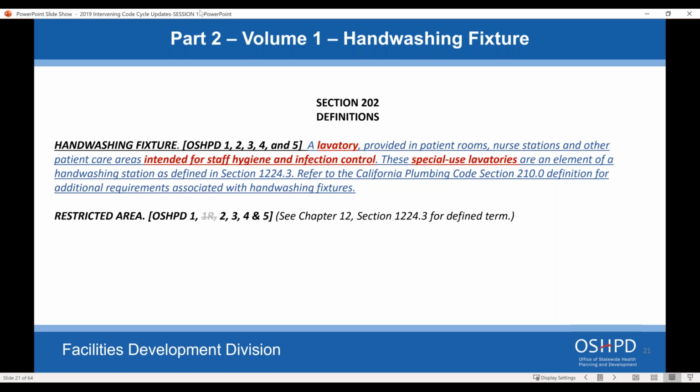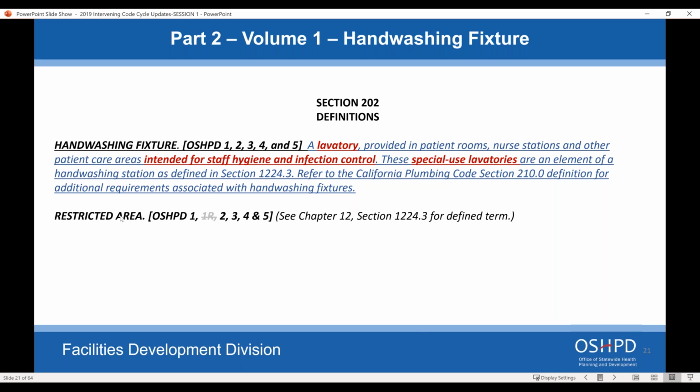These are special use lavatories and are an element of a hand washing station, and we'll have a revised definition for hand washing station as well. It is subject to the requirements of the plumbing code. So basically a hand washing fixture is also intended to be accessible.